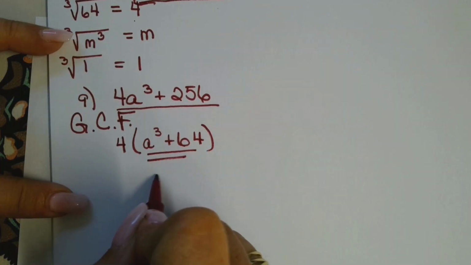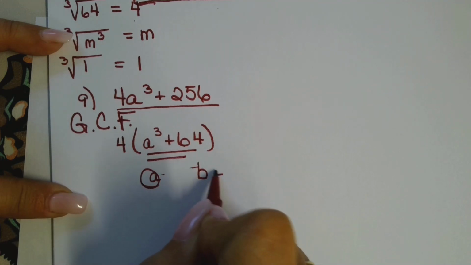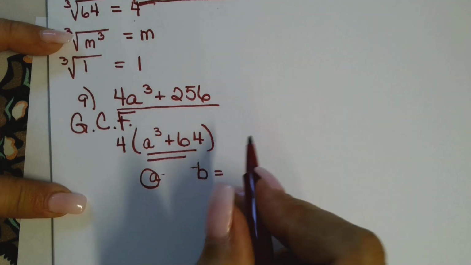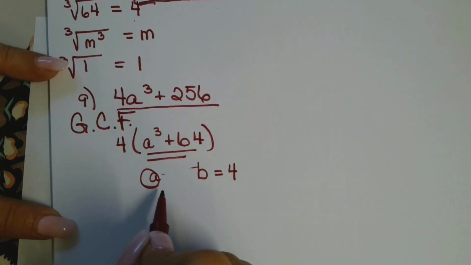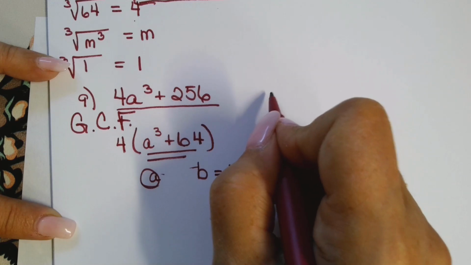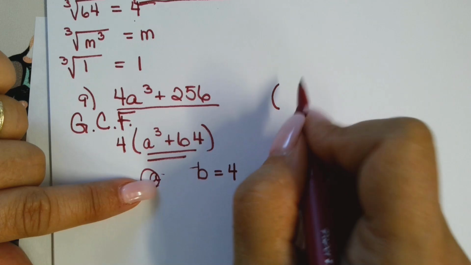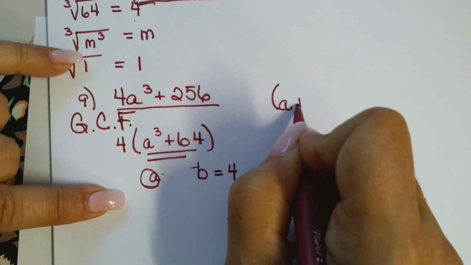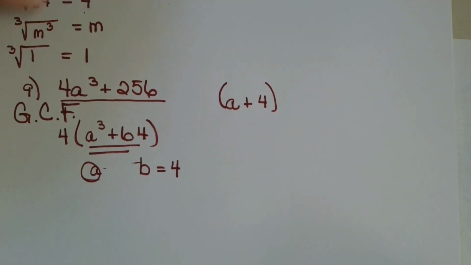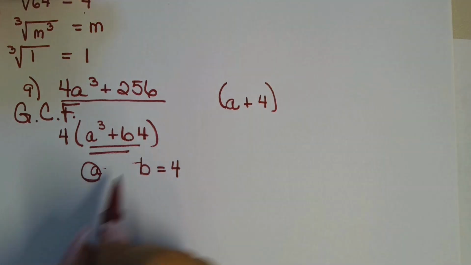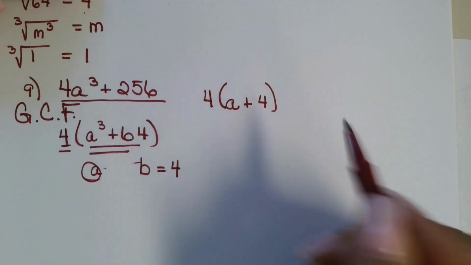So your a is just a, and your b is going to be the cube root of 64, which we just looked at was 4. So once again, this is going to be a plus b, so a plus 4. And do not forget the 4 that we factored out.